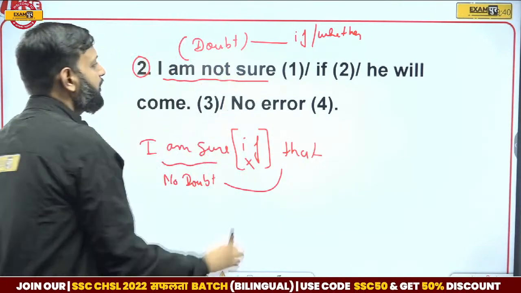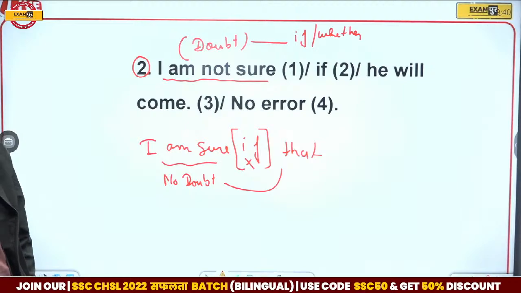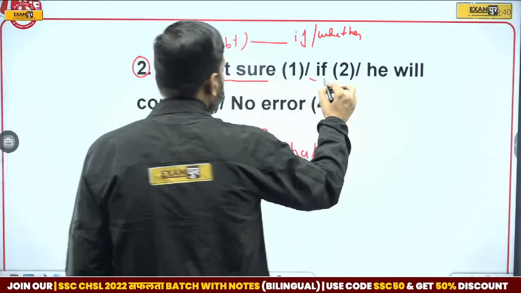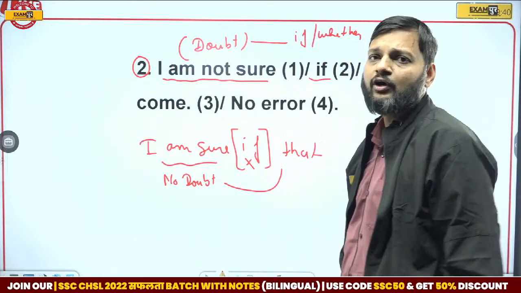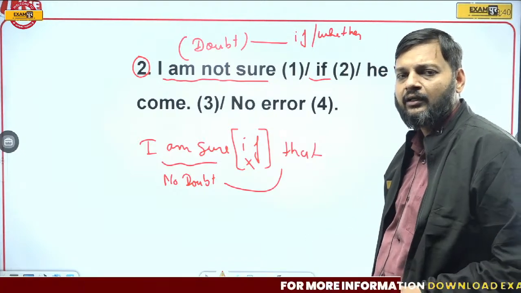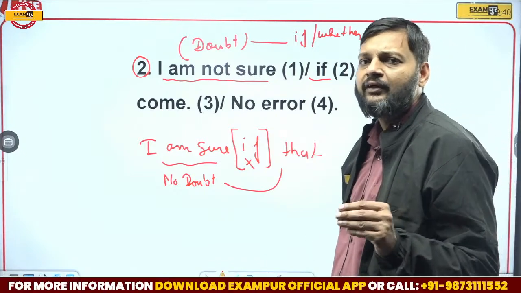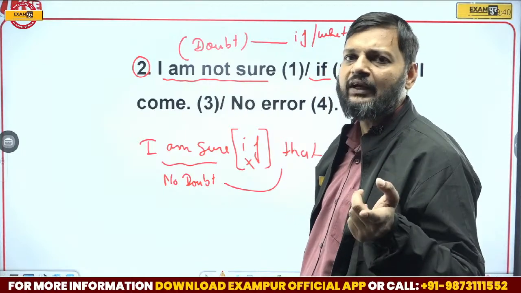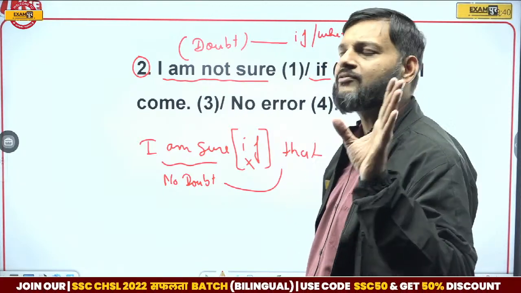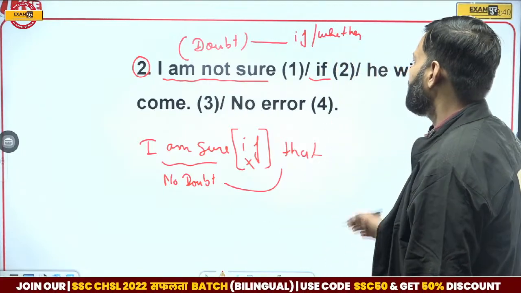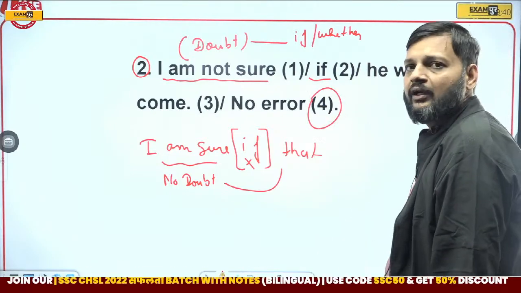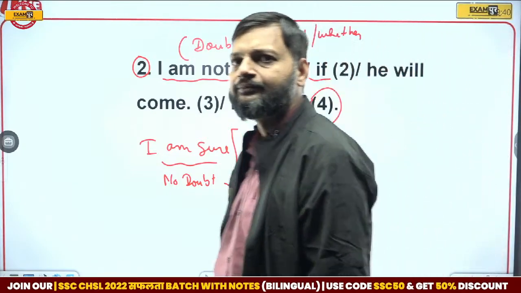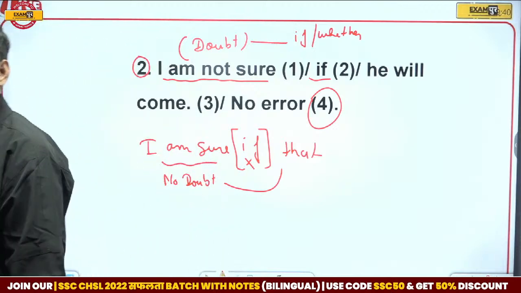And if there is doubt, we use if or whether. So here the use of if is absolutely correct. And if there were whether in place of if, it would have also been right. So this sentence has no error.